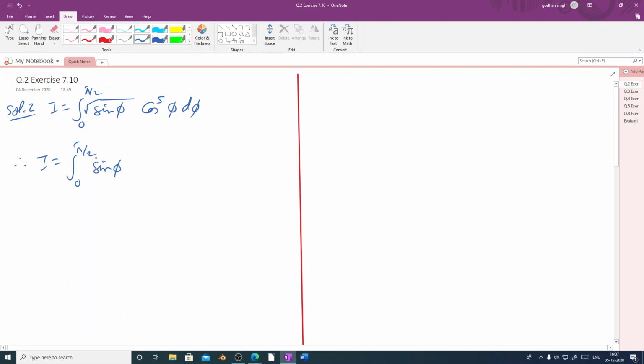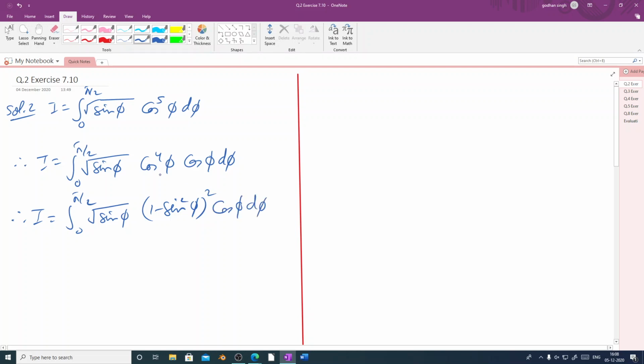root of sine phi, and cos raised to 5 phi we can write as cos raised to 4 phi into cos phi d phi. Therefore I equals the integral from 0 to pi by 2 of root of sine phi, and now we'll convert this in terms of sine: not sine square phi but (1 minus sine square phi) whole squared, times cos phi d phi.